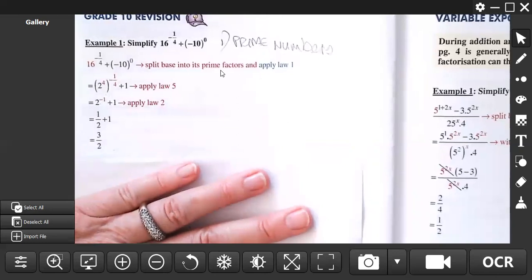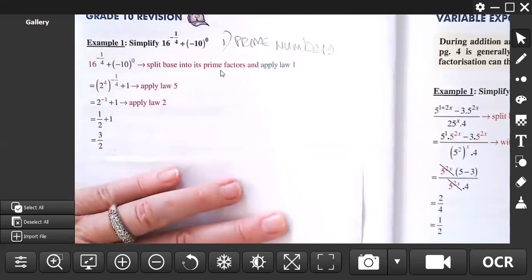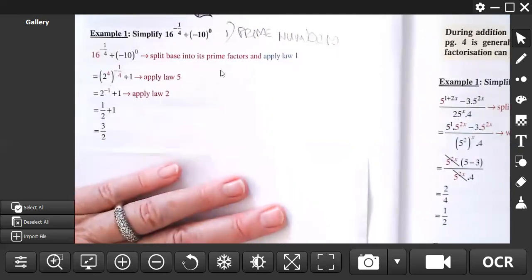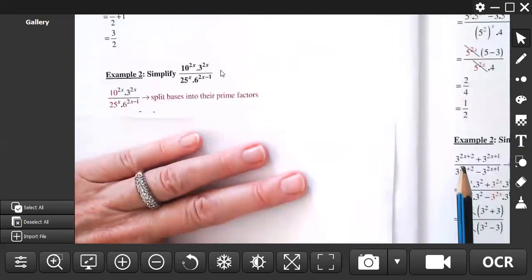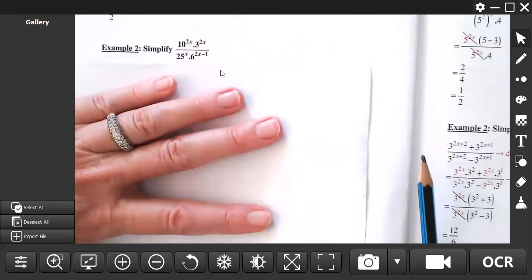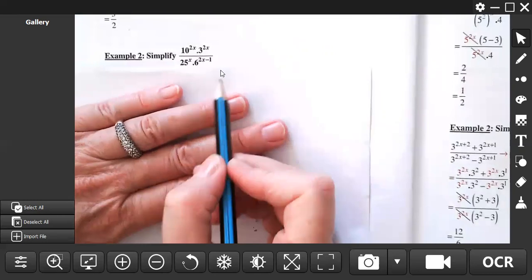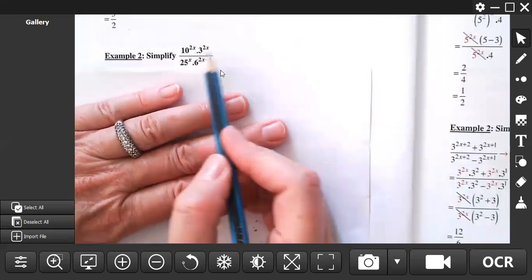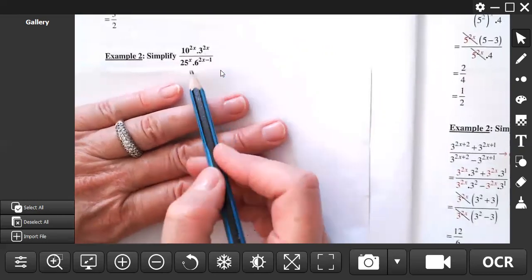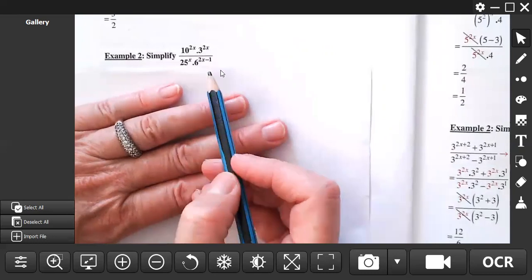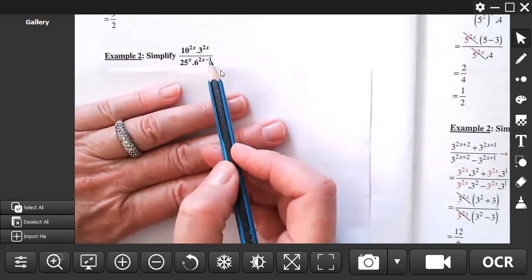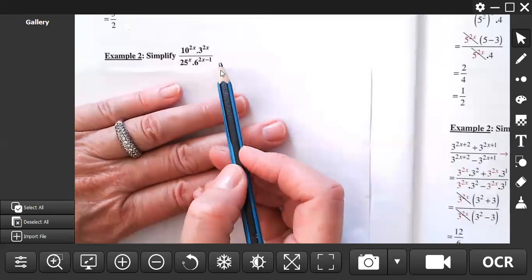I want you to work through these examples on your own a few times so that you are really sure of what you're doing. Example 2. Simplify 10 to the power of 2x, 3 to the power of 2x, 25 to the power of x, 6 to the power of 2x minus 1.